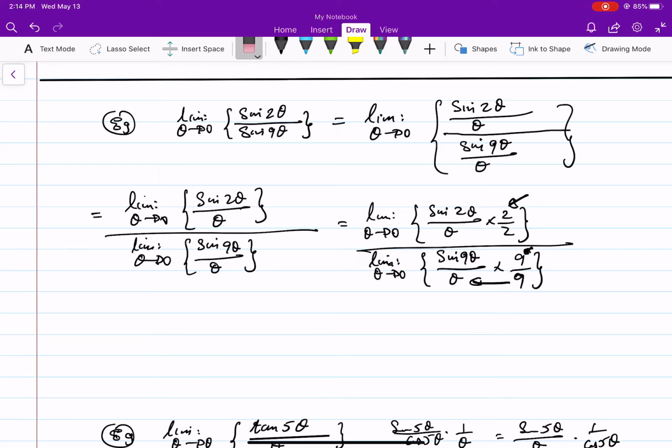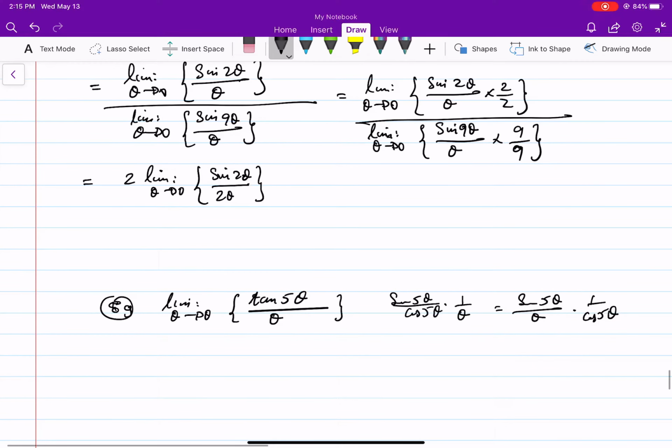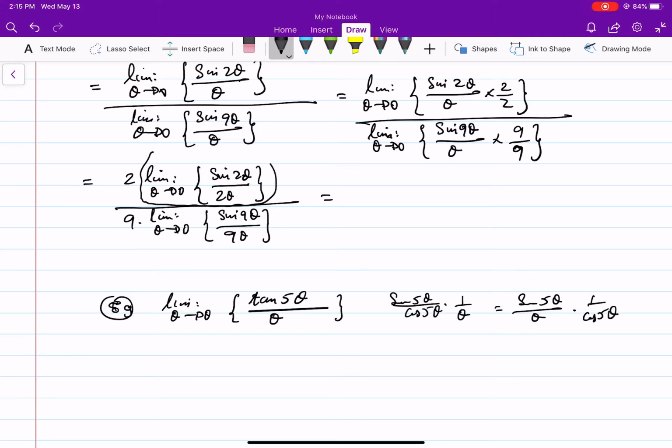Let me get my eraser going here. Voila. So this now becomes 2 times the limit as theta approaches 0 of sine 2 theta upon 2 theta, all divided by 9 times the limit as theta approaches 0 of sine 9 theta upon 9 theta, which gives me, so this whole portion, all of this stuff here, that's 1.